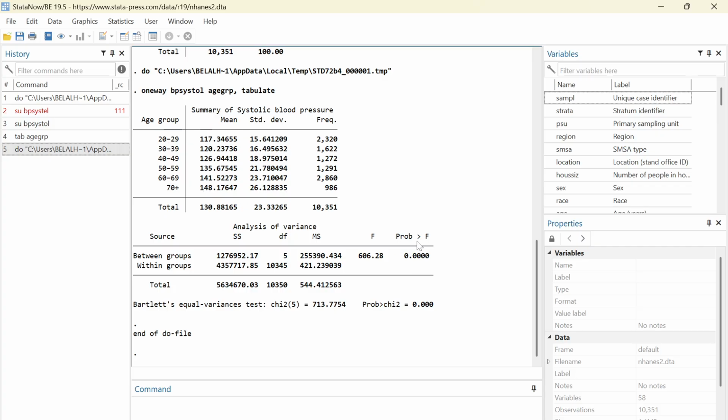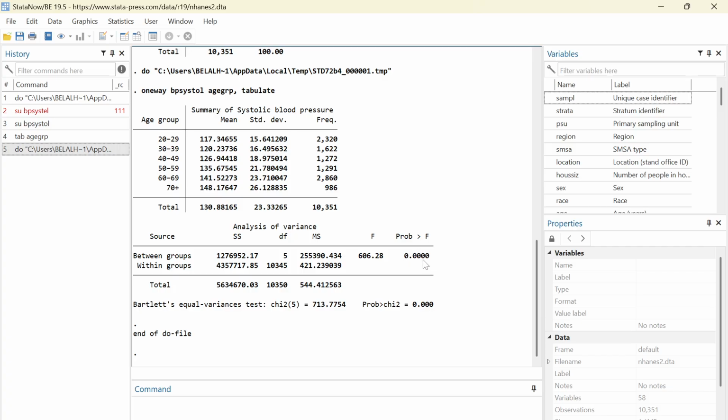You can see with your naked eye that there is a difference, but this difference could be infinitesimal. That doesn't mean anything, right? Whether this is meaningful or not is informed by this ANOVA p-value, right?